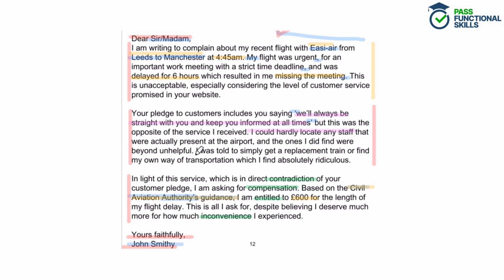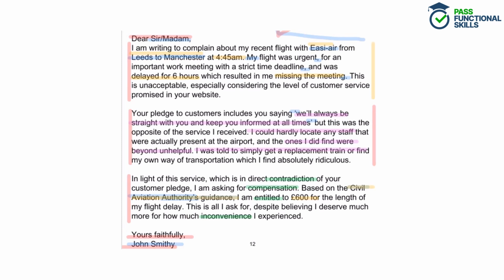And then they go on to explain what the members of staff that they did find said to them. They say that "I was told to simply get a replacement train or find my own way of transportation." So can you see how each sentence within this paragraph sort of flows on from the previous one and explains what happened in a sort of chronological order?